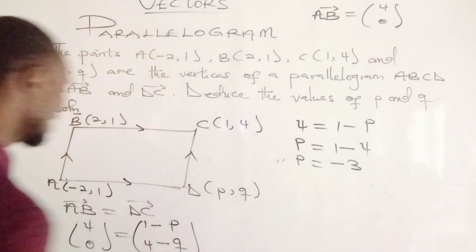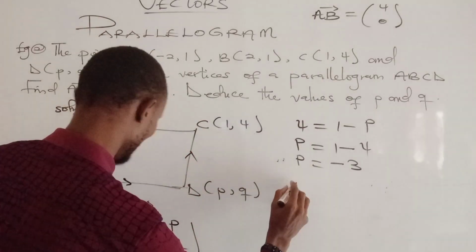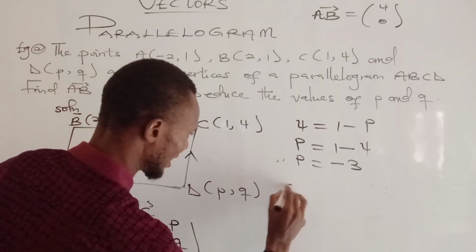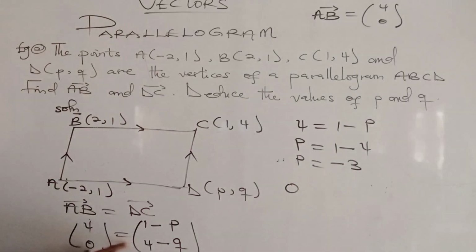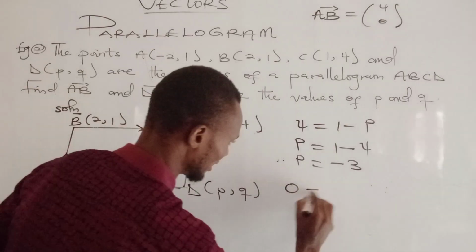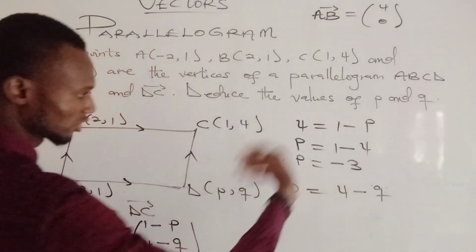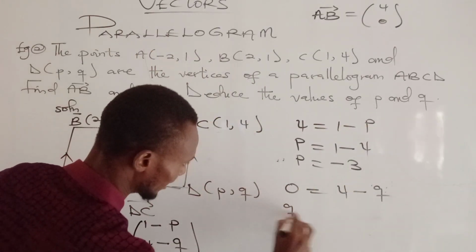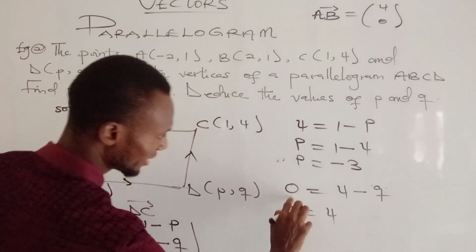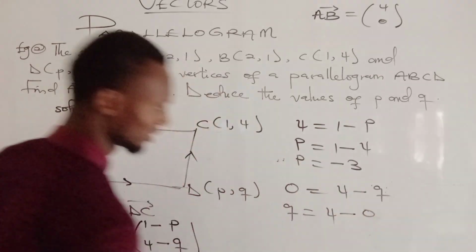Now, let's go ahead and solve for the Q as well. I'll take my 0 here and equate it to the 4 minus Q. So 0 equals 4 minus Q. I'll let the Q cross to this side, so my Q will be equal to 4, this 0 goes there, minus 0.